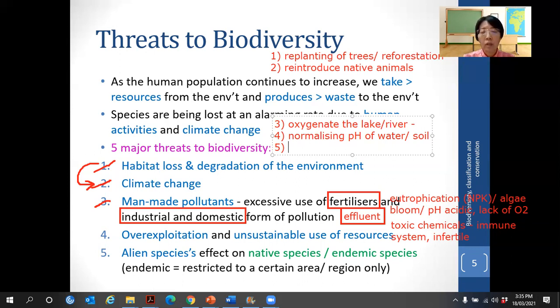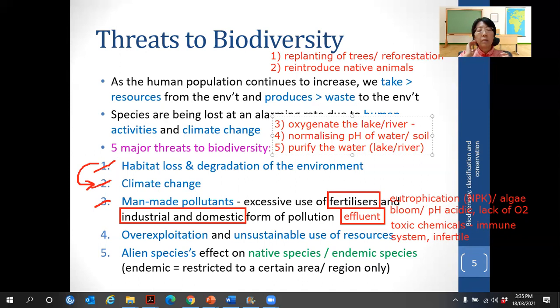Okay, so add them into the water, add them to the soil to normalize the pH. So that is for the eutrophication issue. Whereas for the effluent issue, you may want to purify the water, okay, of the lake and the river. You want to purify. Okay.